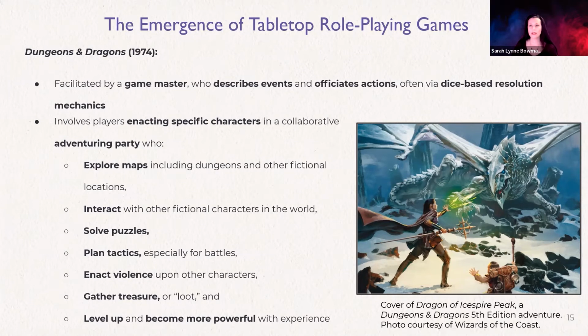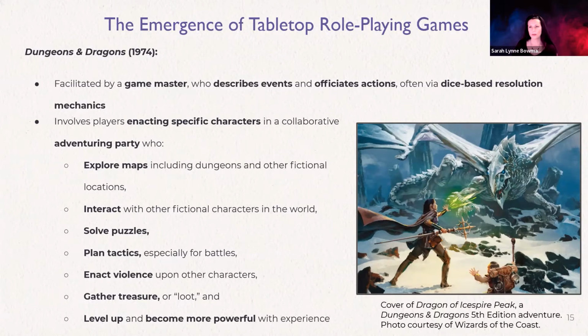So for example, if I'm trying to persuade the bartender of something, my character is, but I'm not very good at persuasion myself. If I have a high persuasion skill and I roll that die and I get a very good score, then the game master, who's the one in charge of running this world, will interpret my behavior as if I have performed very well, even if I personally have not.